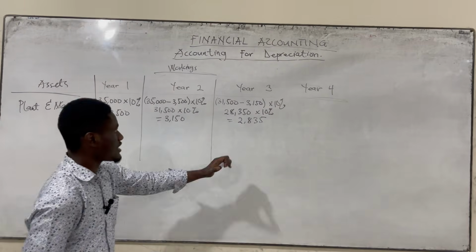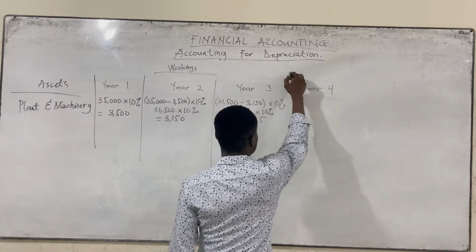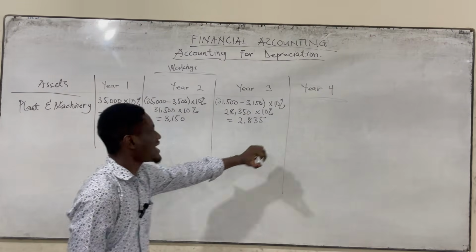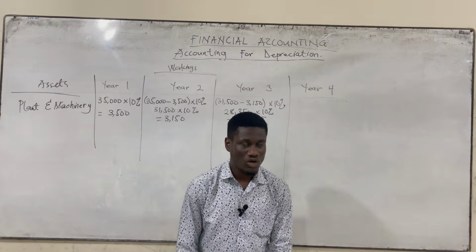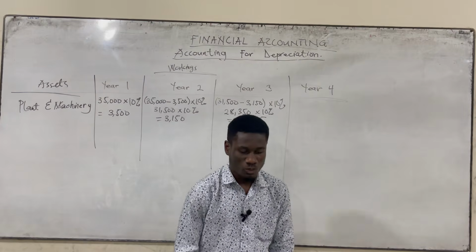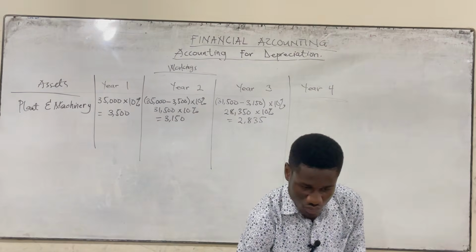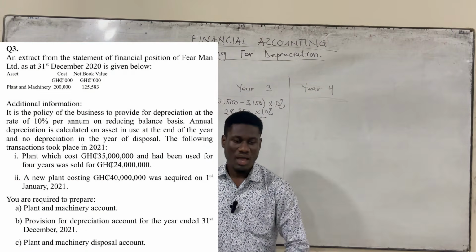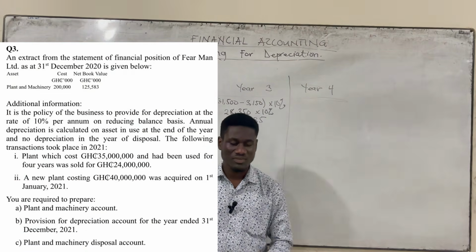Good. And that's for year 3. This asset was used for 4 good years. But they said we shouldn't charge depreciation on the year of disposal. Good.